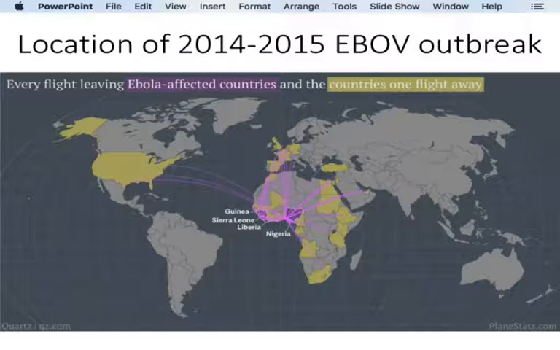The purple lines represent all the countries where there were flights to other countries. So this just gives you an idea of what the scale of the pandemic could have been. Okay, so for example, there's Atlanta. Here's the one up in, I guess that would be Maryland, wouldn't it? Maine's up here, and then Dallas.